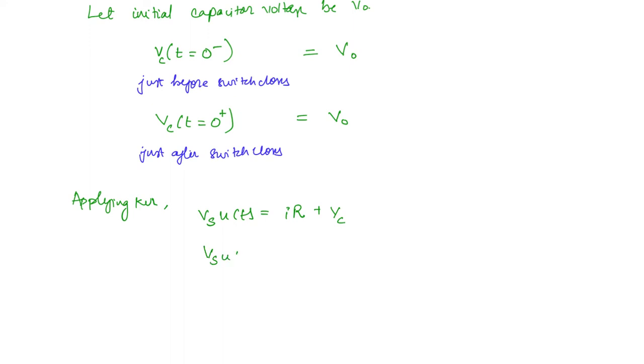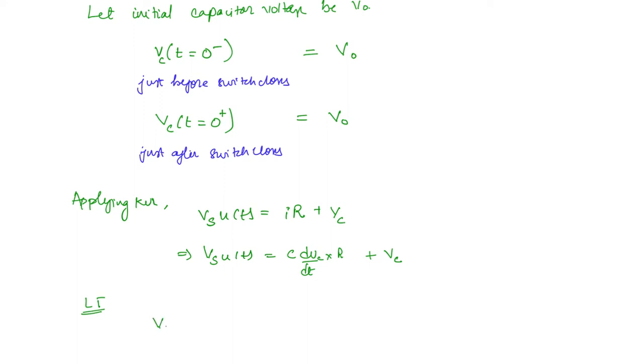So, Vs is equal to C dVc/dt into R plus Vc, because the same current that is passing through the capacitor is passing through the resistor as well. Now, if you apply the Laplace transform here, what is the Laplace transform of the step input?